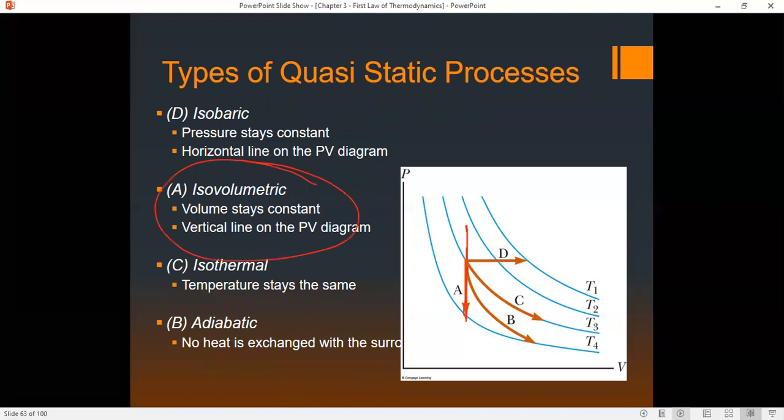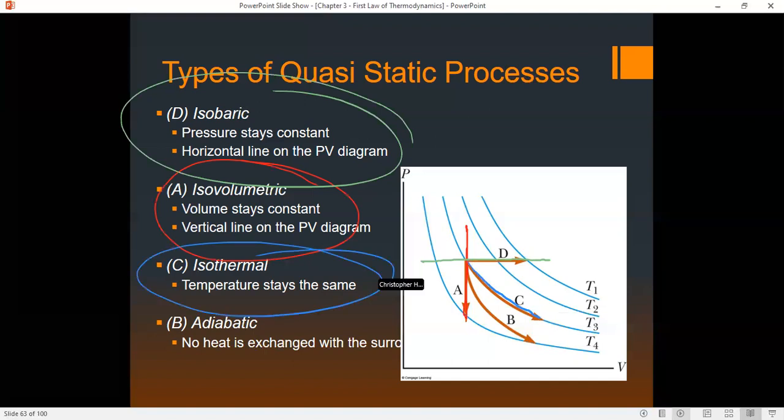All right. The other easy one is the horizontal line. Okay. Going horizontal where the pressure is constant, we're just changing volume. That is isobaric. If we're following the isotherms of constant temperature, that's a C right here, isothermal.